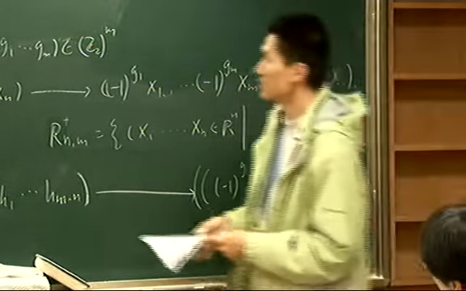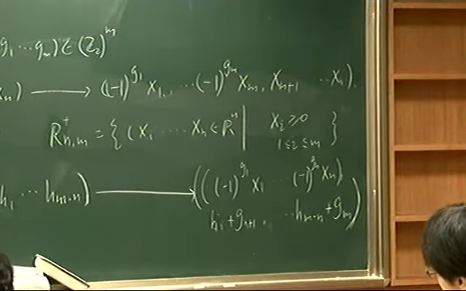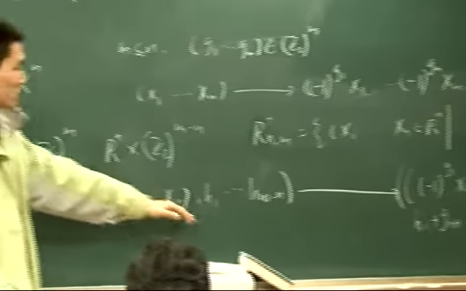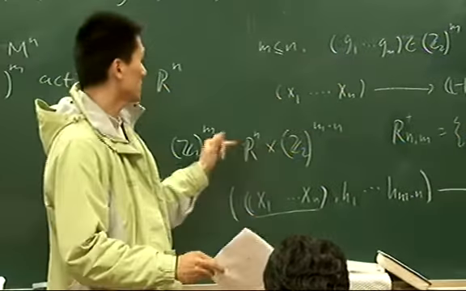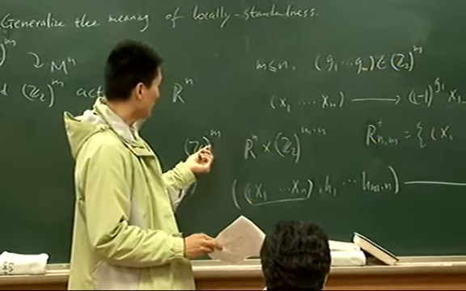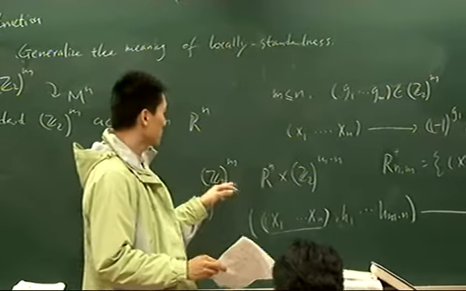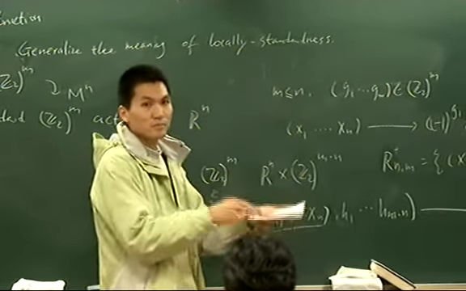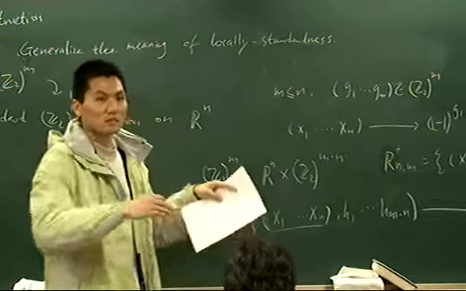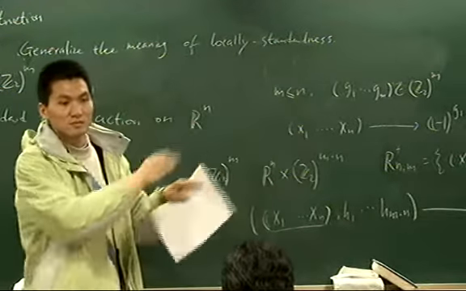So basically this action means that this group will act by reflection in Rn, and then the other components, I mean the last m minus n components of this group will act by permuting these copies of this Rn.